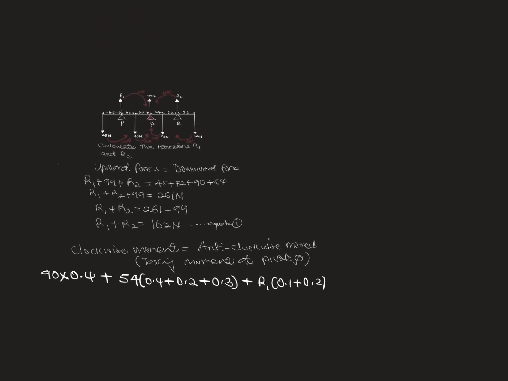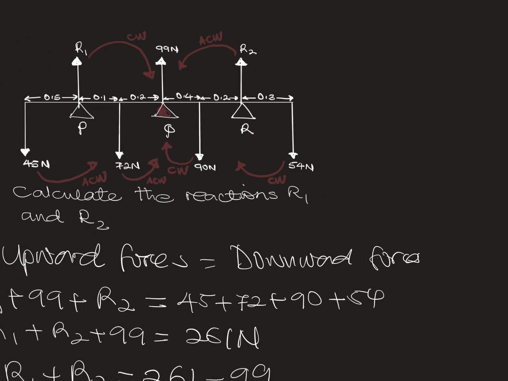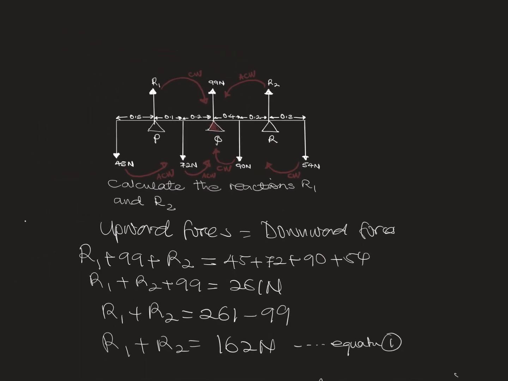We said this must be equal to the anti-clockwise moments. So what are the anti-clockwise moments? We have R2 acting anti-clockwise, and the perpendicular distance from pivot Q is 0.4 and 0.2.